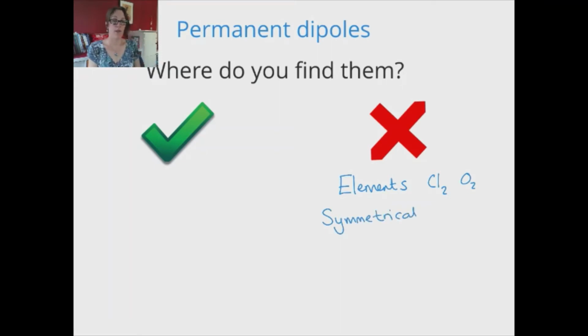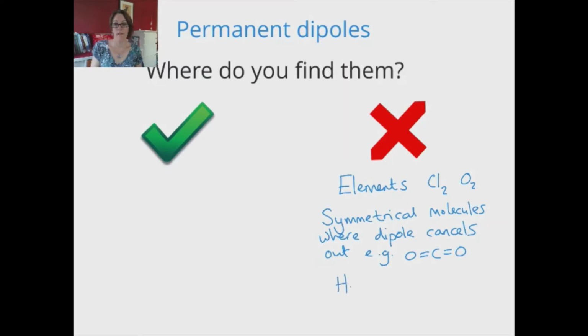The other thing to watch out for is a molecule that may contain polar bonds, where there is a difference in electronegativity, but the shape of the molecule means that there is symmetry and the overall dipole cancels, so there is no overall what we call dipole moment. Carbon dioxide is an example of this. It's linear. So even though those bonds are polar, carbon dioxide as a whole is not, because the two oxygens cancel out.